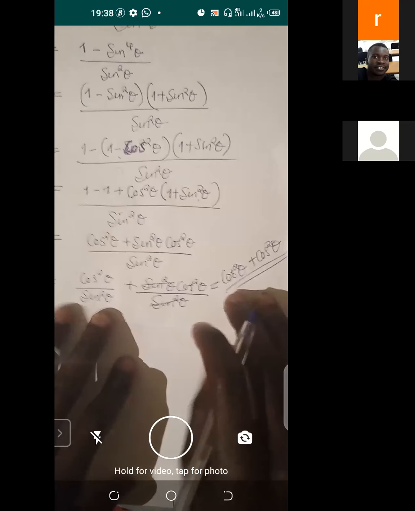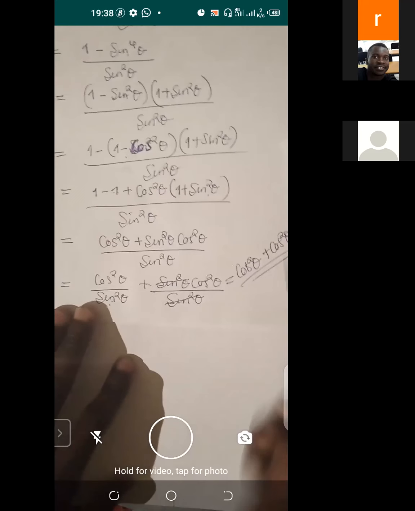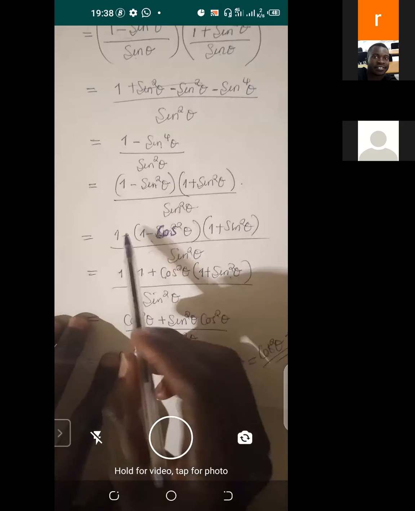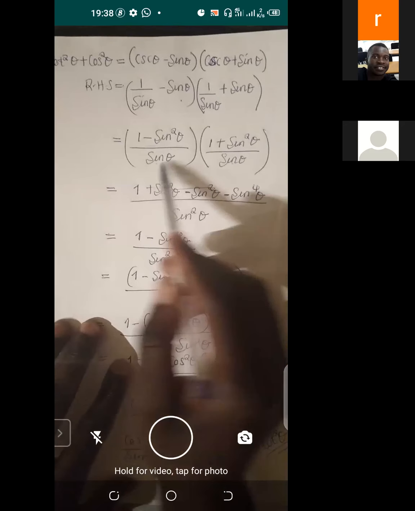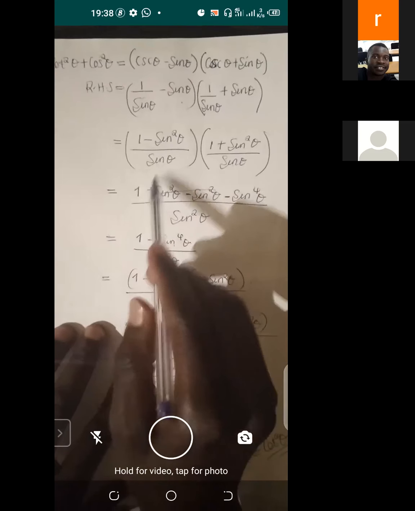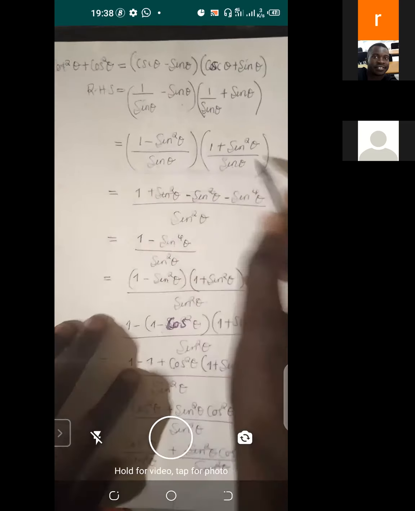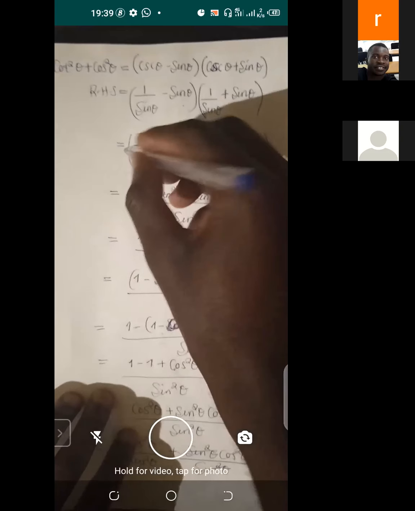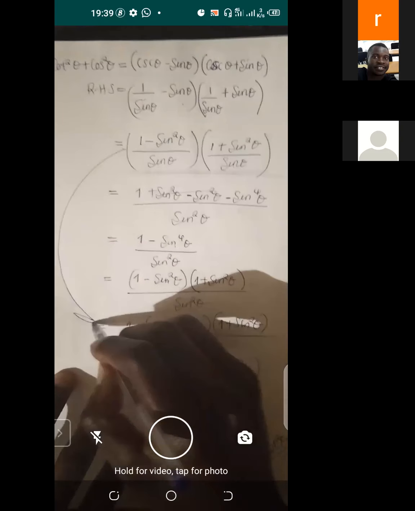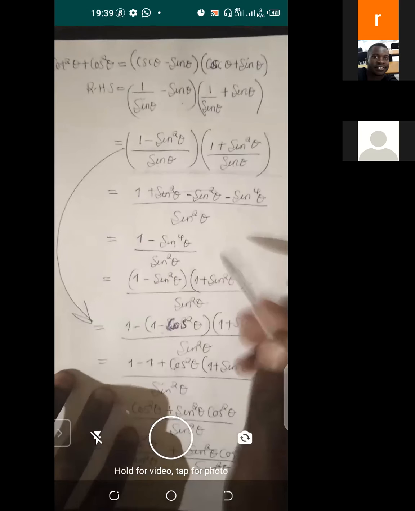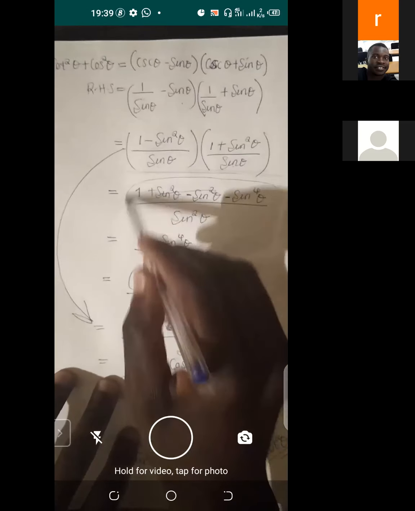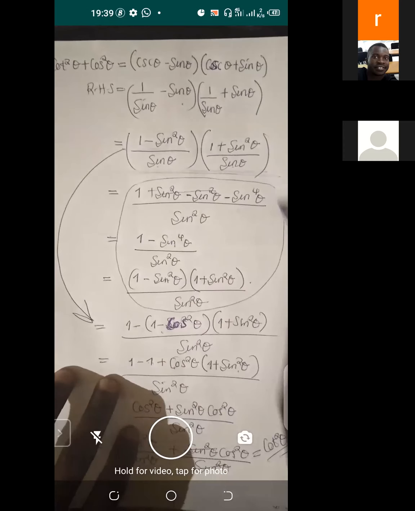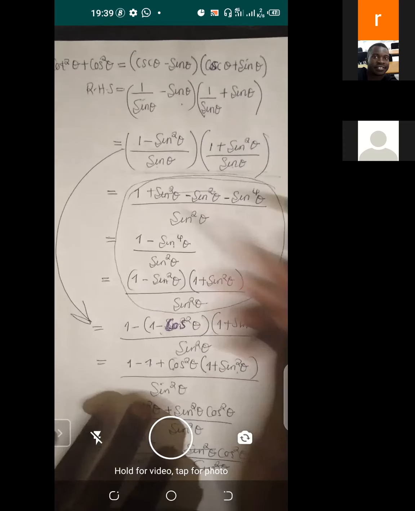So here, on this step, before you carry out this multiplication, when you reach this step here, you can come from here and then multiply through.